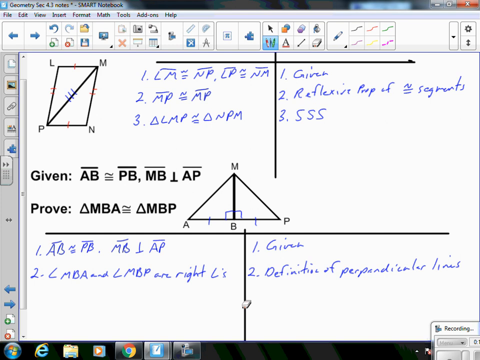They should be congruent to each other. So we can say angle MBA is congruent to angle MBP. And that's because all right angles are congruent, or that statement comes based on the right angle congruence theorem.